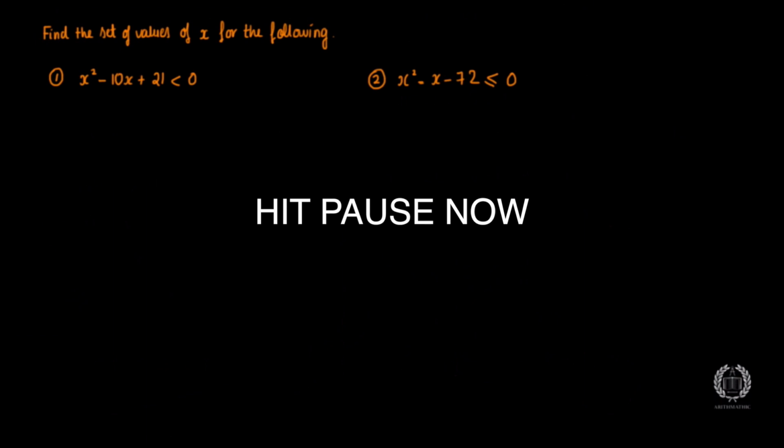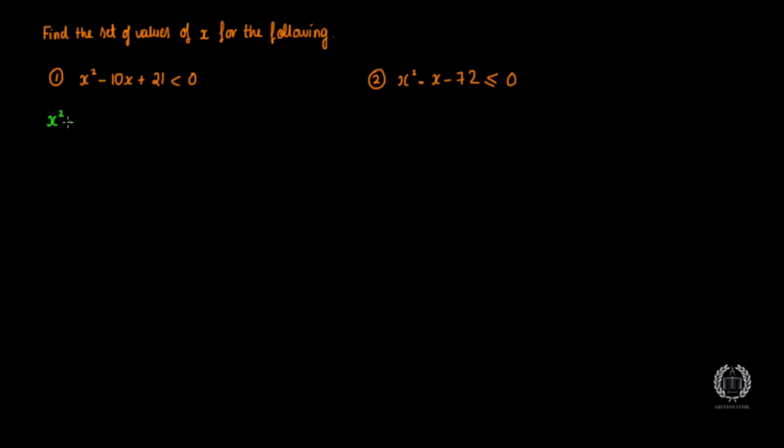Okay, so let's do the first question. In this one, what I'm going to do is straight away get rid of the sign because I don't need that right now. So x squared minus 10x plus 21 is smaller than, oh no, I just contradicted myself, that equals 0. And what I'm going to do is factorize this.